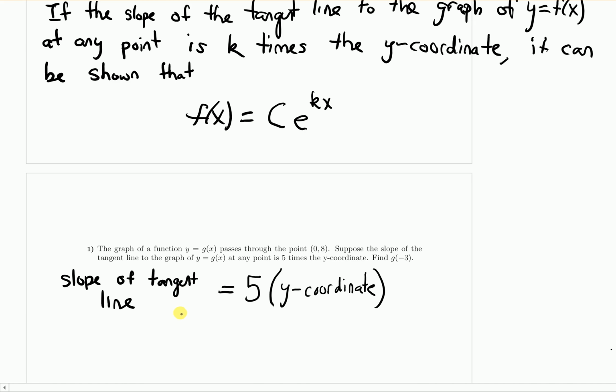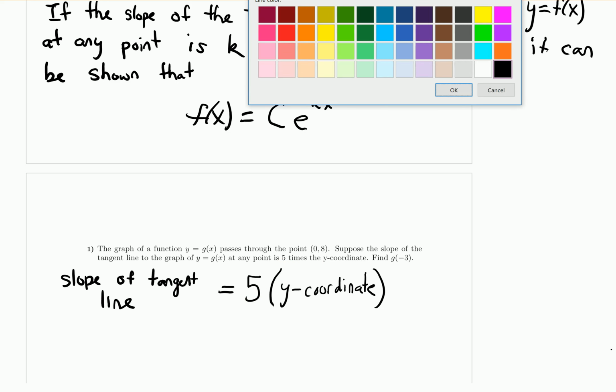Okay, so for our problem, our function g of x is going to have this exponential form, except for us, since it was 5 times the y coordinate, our k value is going to be 5. So in our problem, k is going to equal 5.